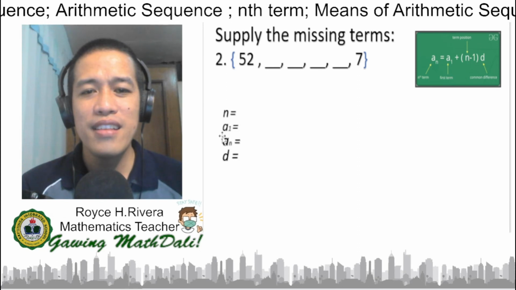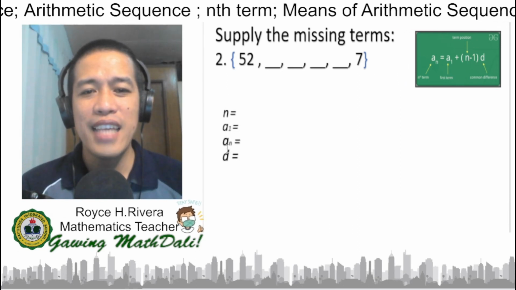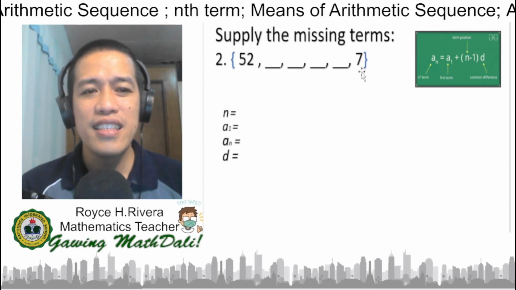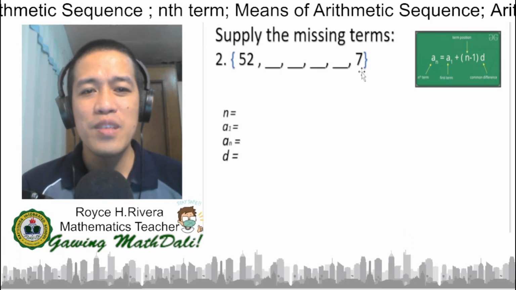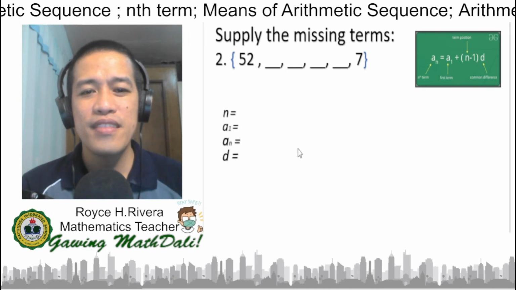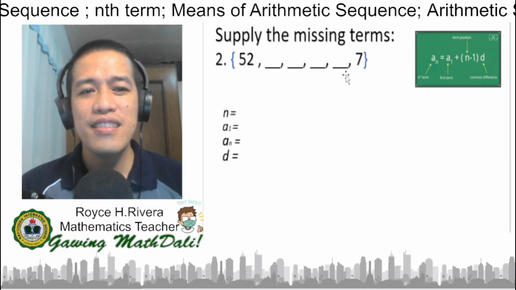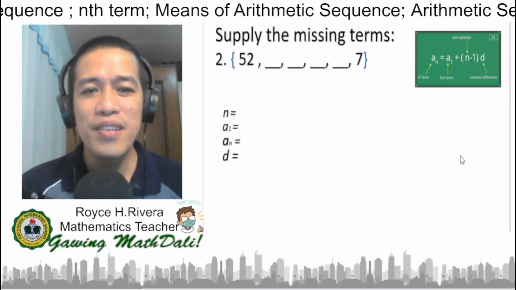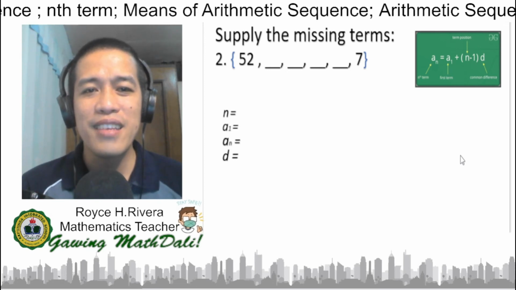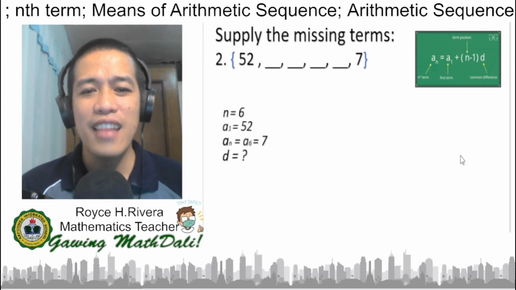A sub 1 is 52. A sub n is 7. Its position is the 6th term. And D, the common difference, we cannot identify because there is no consecutive terms in the given sequence. Yan ang mga values.